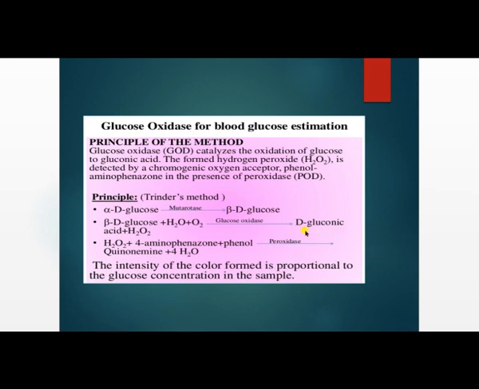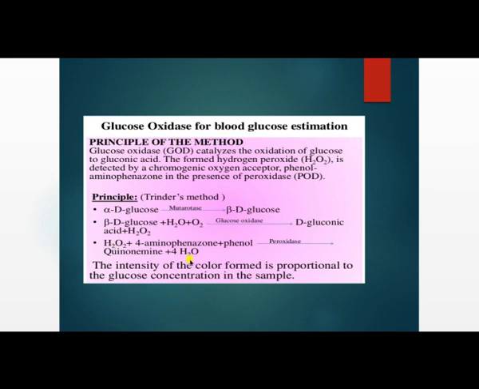Then this hydrogen peroxide is broken down to form water again. Which enzyme breaks down the hydrogen peroxide? Peroxidase enzyme has the ability to break down hydrogen peroxide and form H2O and O2.